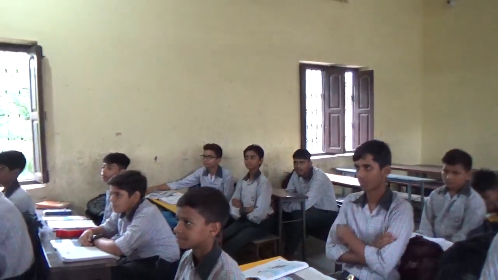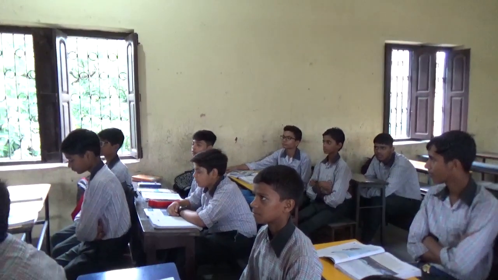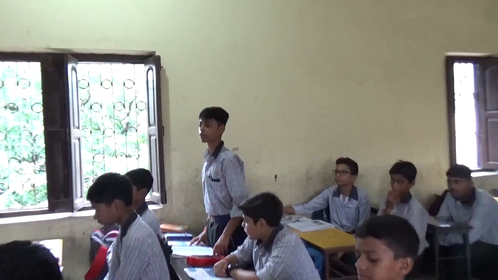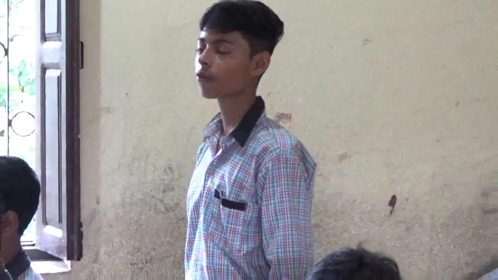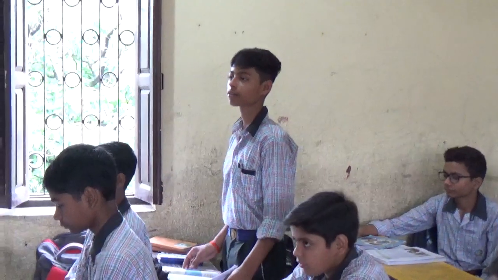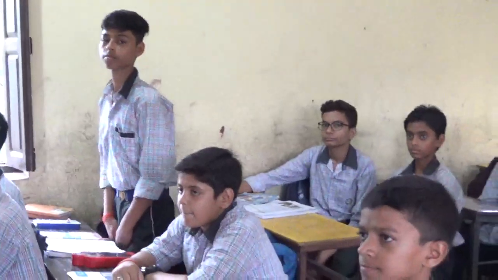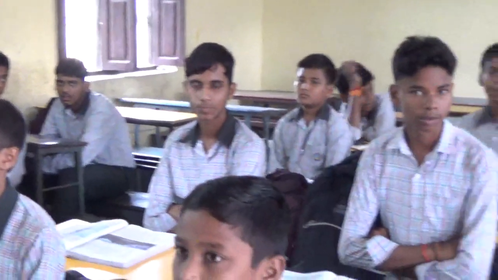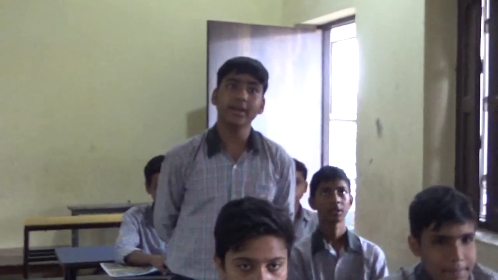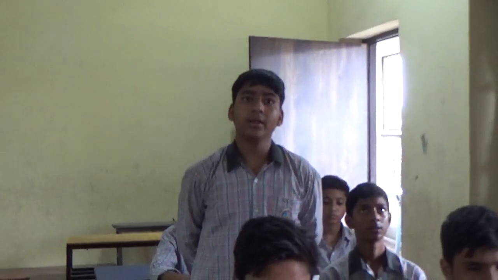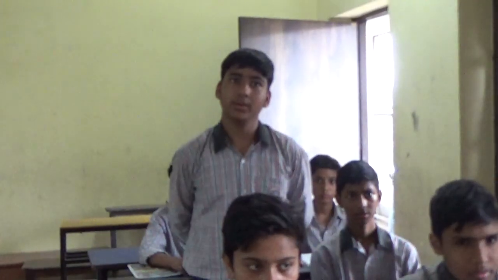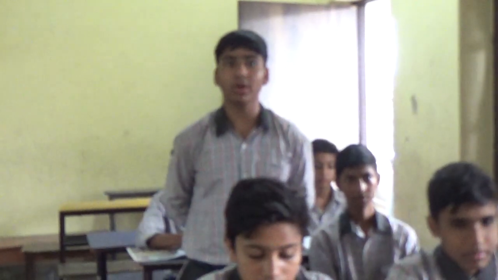Okay, now next. Ankush, what is the retailer? Wholesale gives small amounts of goods is called retail. Okay. Next, Rupesh, what is retailer? And one example. Retailer gives in small quantity, selling goods in small quantity.